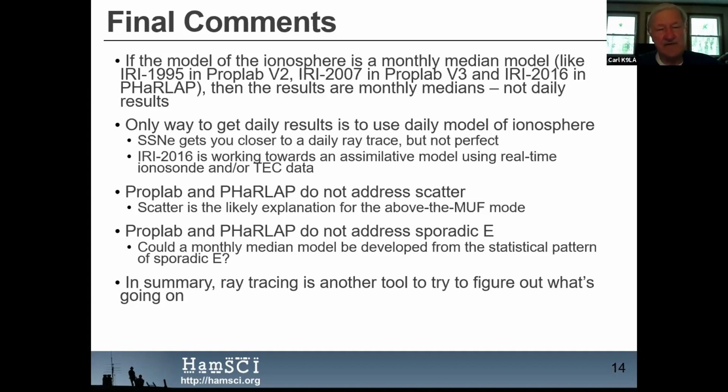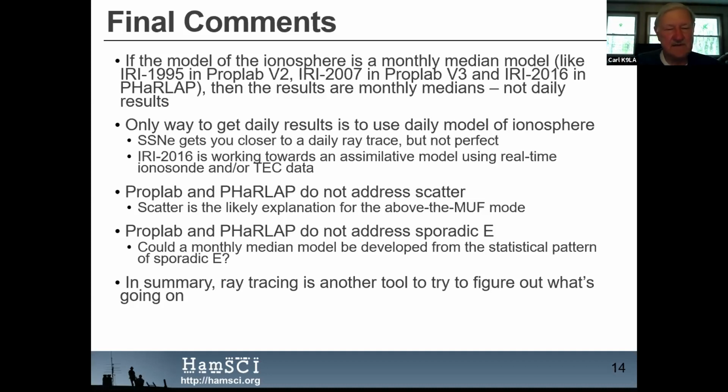Now, PropLab and FarLab do not address sporadic E. But Nathaniel asked me this question and piqued my interest a little bit. We know a lot about the statistical pattern of sporadic E, and if we can make a monthly median model out of it, you could import it into FarLab and probably do some ray tracing for the summer months with sporadic E. Interesting thing to think about.